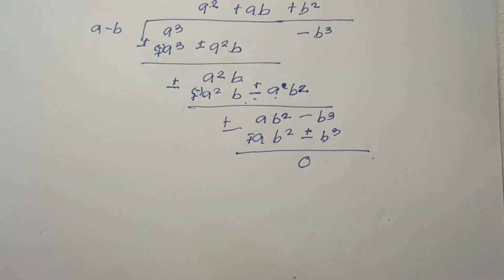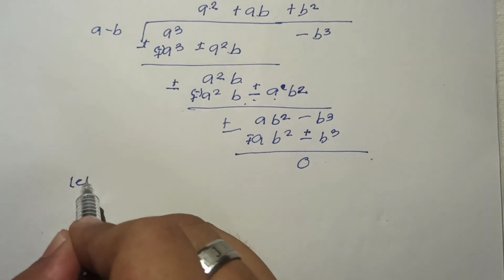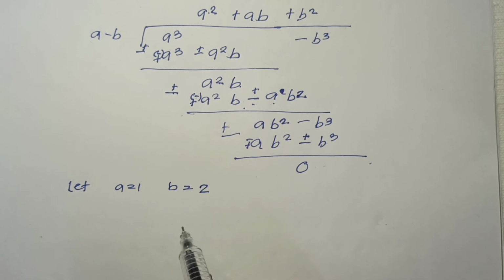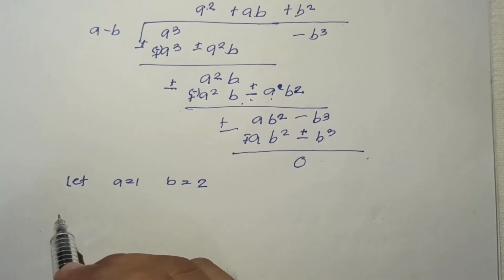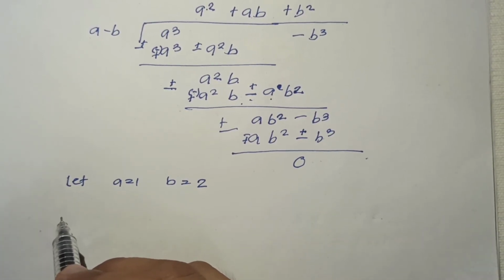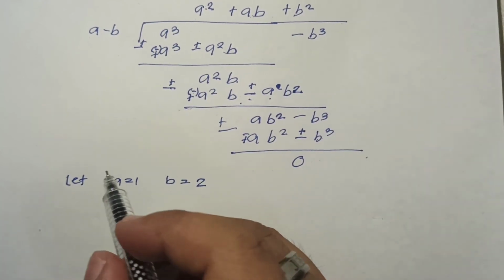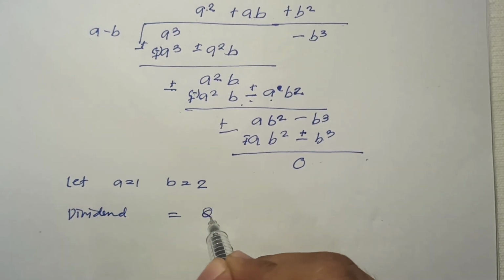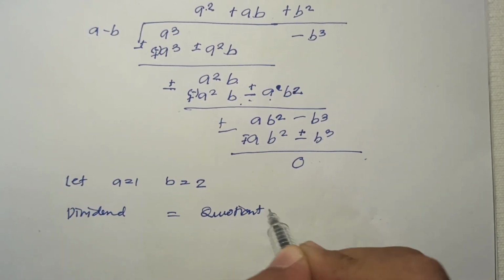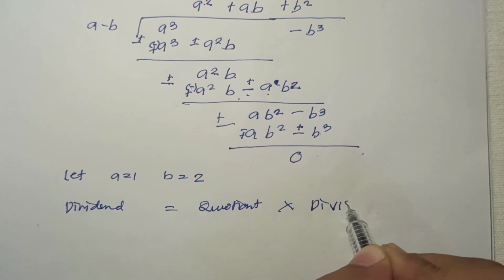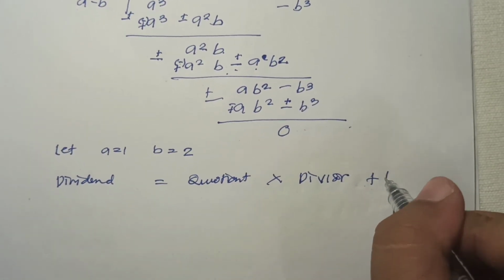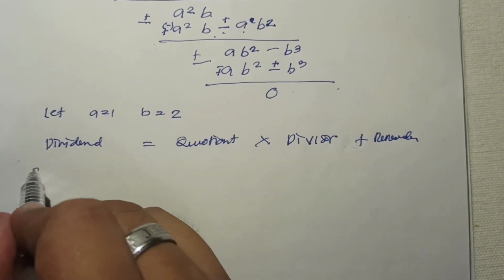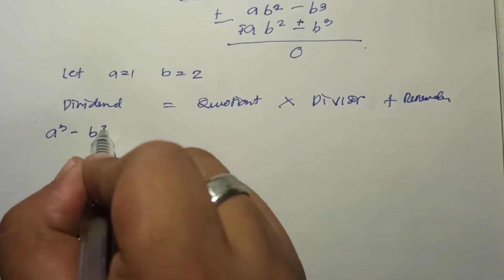So if we're going to check, same process. So let us have a is equal to 1 and b is equal to 2. Okay. So we have here dividend is equal to the quotient times the divisor plus the remainder. So the dividend here is a cubed minus b cubed.